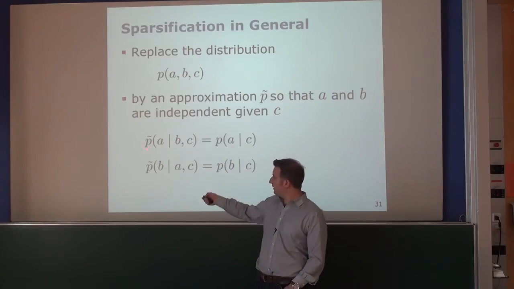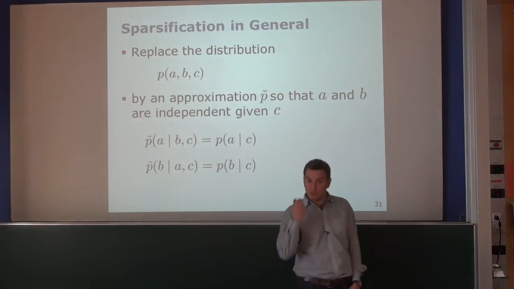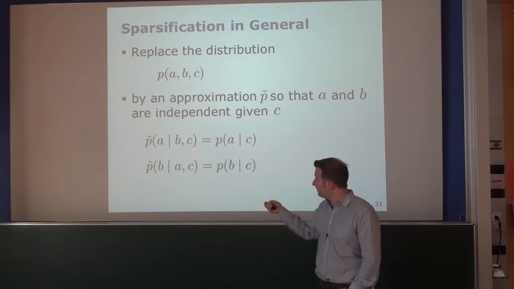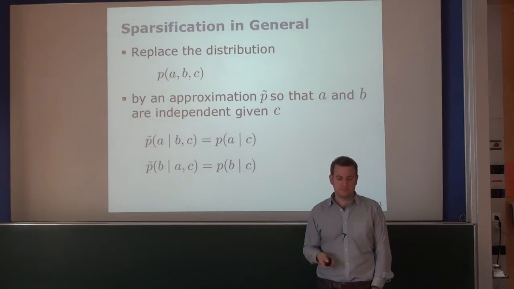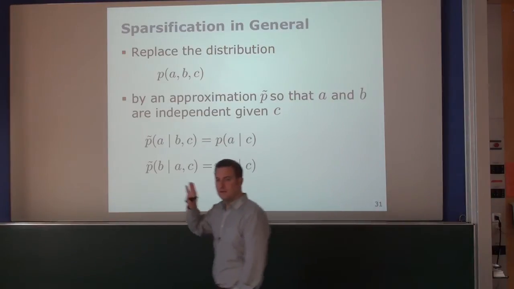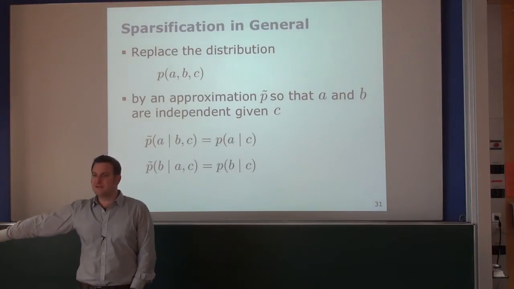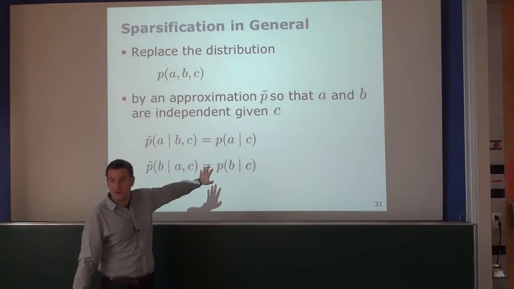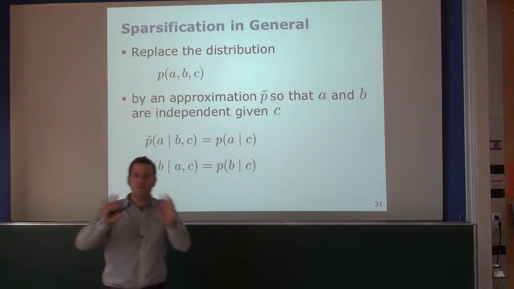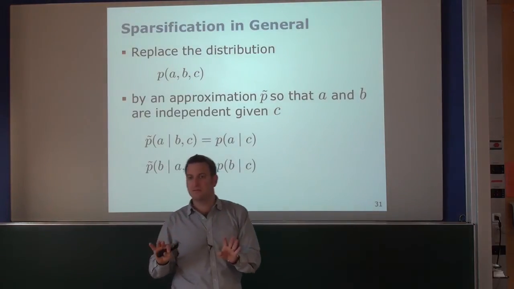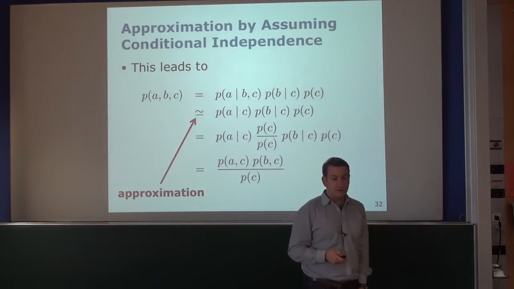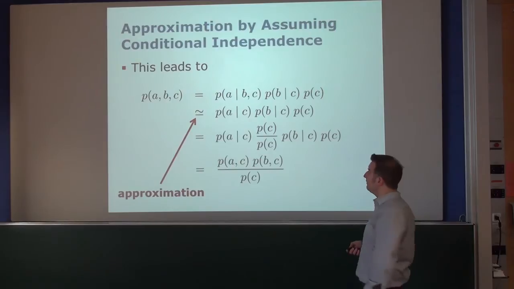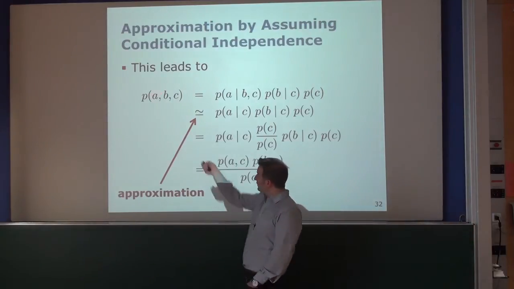So my P tilde, my probability distribution, which is the approximation, should exactly refer to this fact. Given that we know everything else, this everything else being C over here, these 2 variables are independent of each other. So what we do is we say P of A, B, and C, we can just factorize.